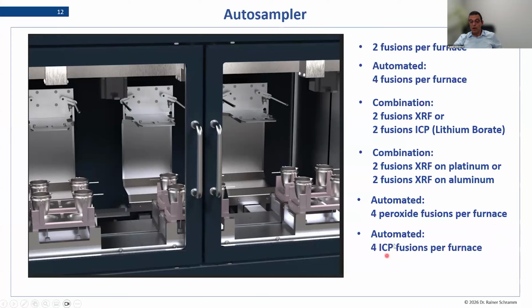And last but not least, we could in the same way do 4 ICP crucibles on one rack, so in total 8. And again, this gives you a lot of flexibility in doing all your fusions in just one single machine for different methods in your laboratory.